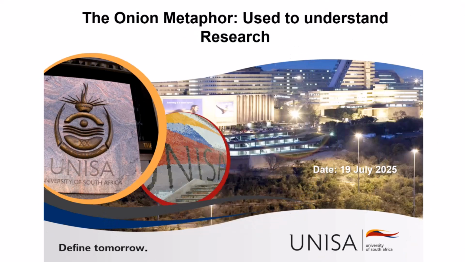Good morning, everyone, again. The onion metaphor, maybe based on that, we'll be able to have a better understanding, especially of the terminologies, because we want our students to use the correct terminologies, especially when they are writing their research projects and so on.